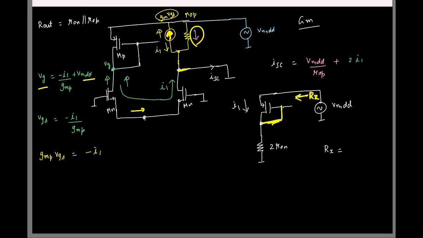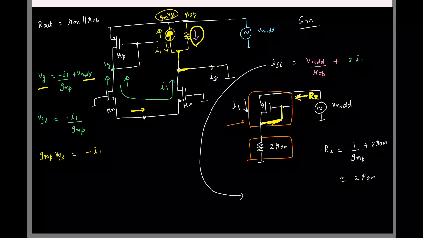Now I can find the impedance as the series combination of this impedance and this impedance. So it's 1 by gm of the PMOS plus 2r0n, which is as good as 2r0n.